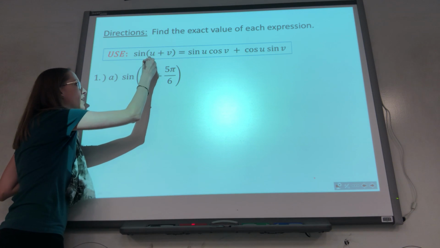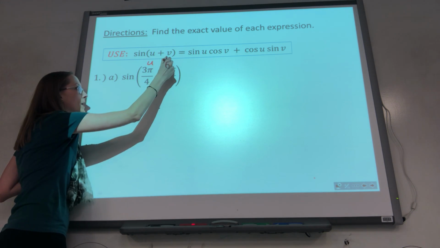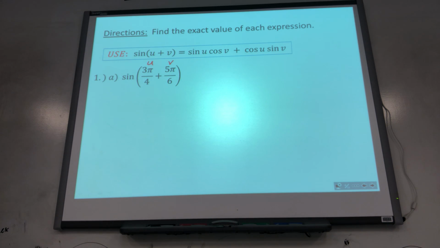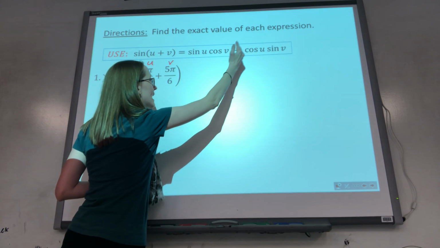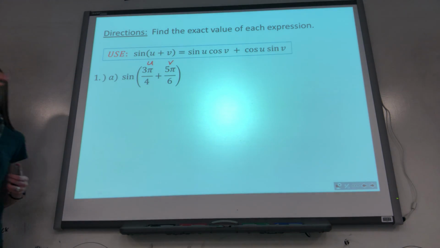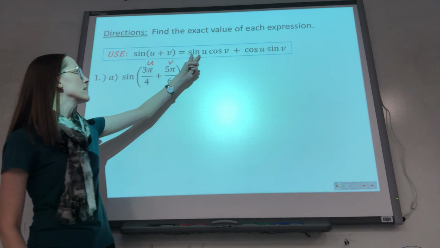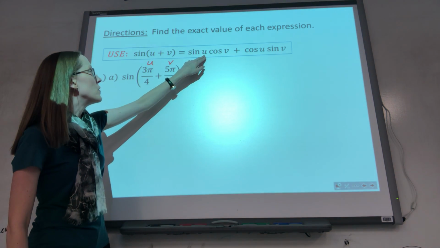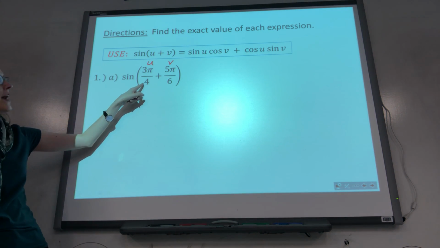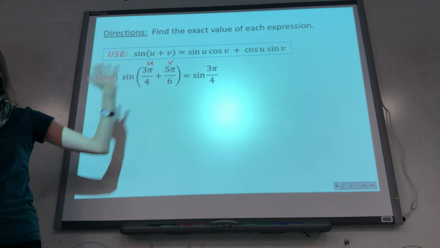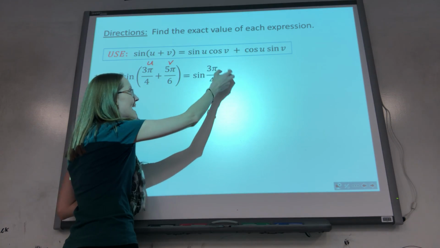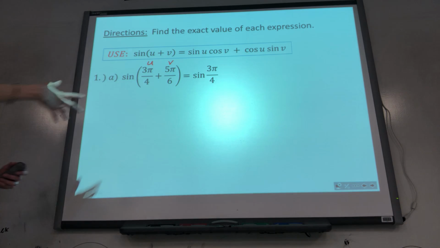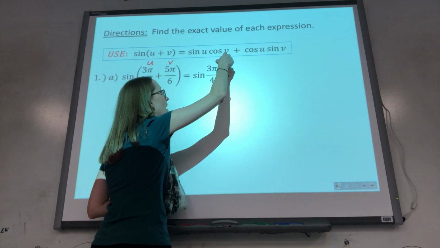Again, the u for us would be 3 pi over 4, and the v for us is 5 pi over 6. Now, I just need to follow this right-hand side and put everything in its place. So let's look at the formula here. Sine of u, well, u for us is 3 pi over 4. So that needs to say sine of 3 pi over 4. Right next to that, so multiplied by that, is cosine of v.